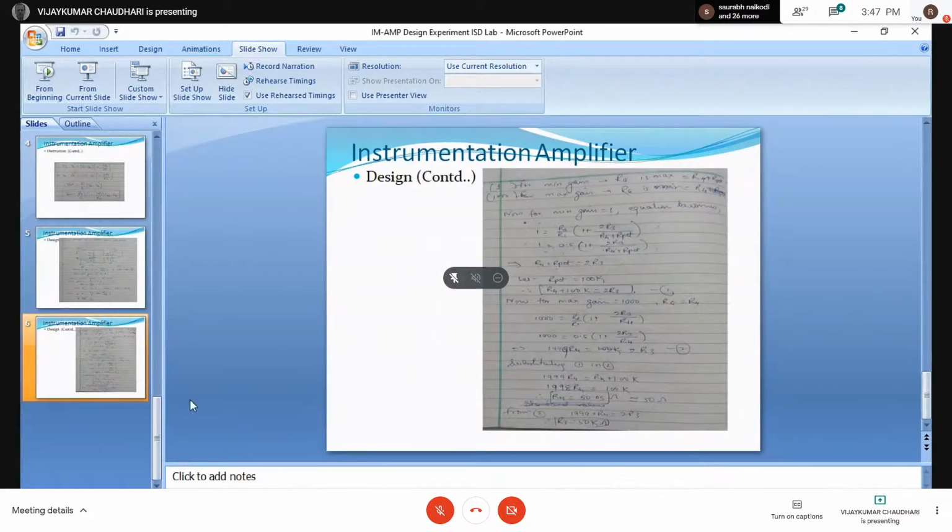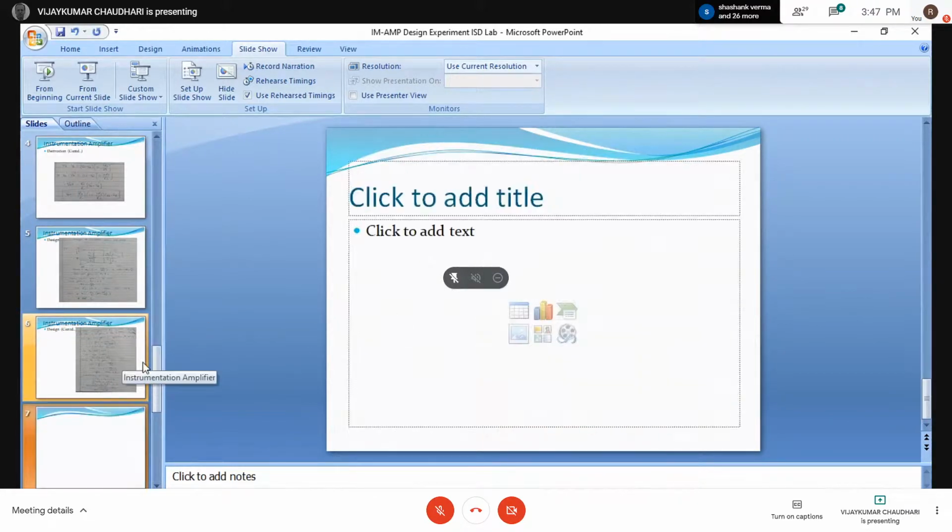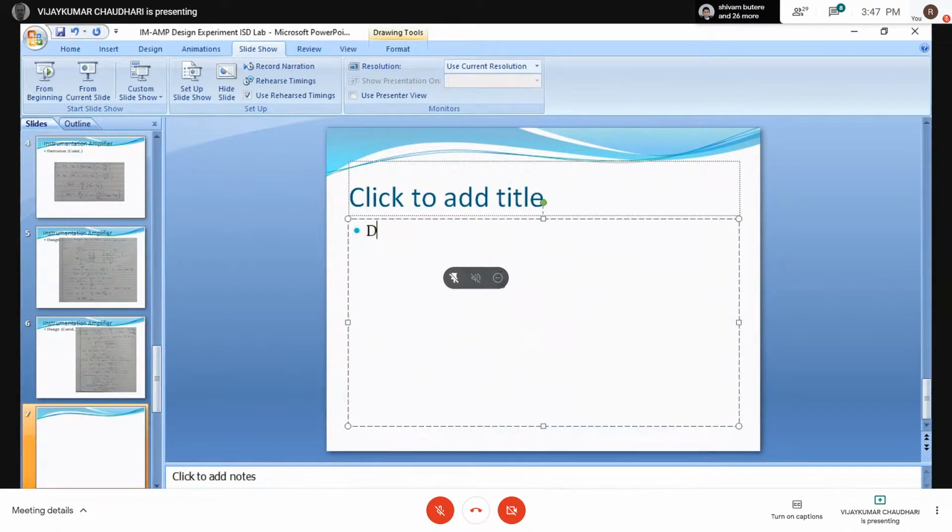Okay, so let me type the question for you. Design an instrumentation amplifier with gain varying from 2 to 2000, and this is your question then.